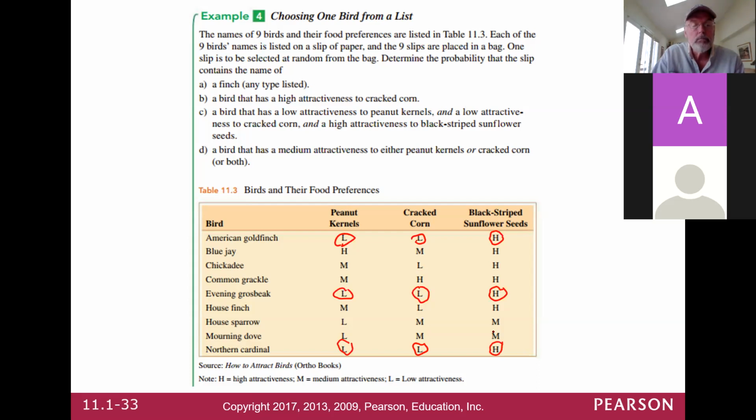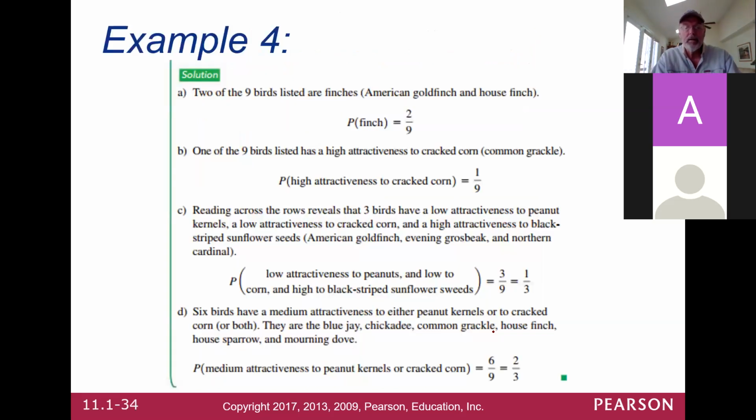Okay. So a bird that has minimum attractiveness for peanut kernels or cracked corn. Would that be 66%? Okay, 66%. Let's find out.